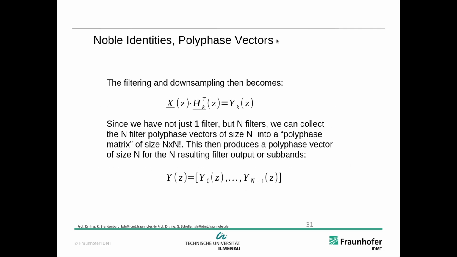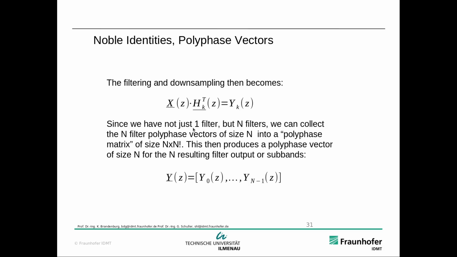So that's what we have here. Here we have a row vector. Here transposing it makes it a column vector, and if we multiply the two, we get the desired output. That's the sum of those elements. So y_k is the output for the kth subband. So this is simply a polynomial. It's not a vector, it's simply a polynomial.